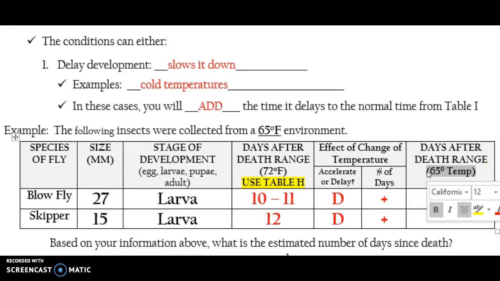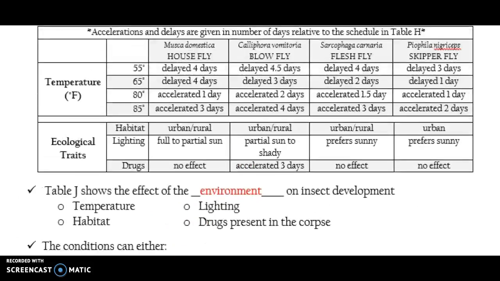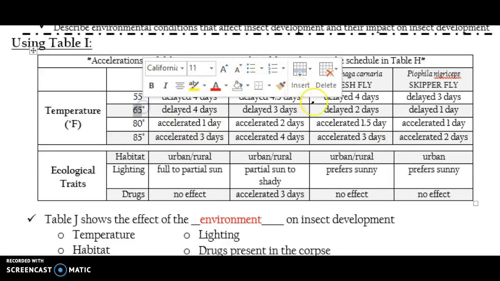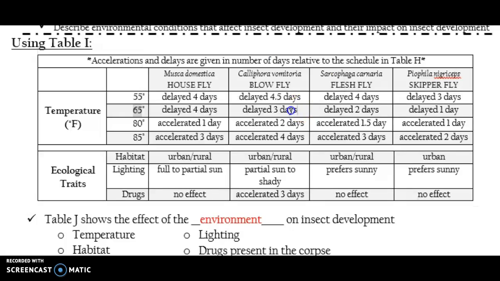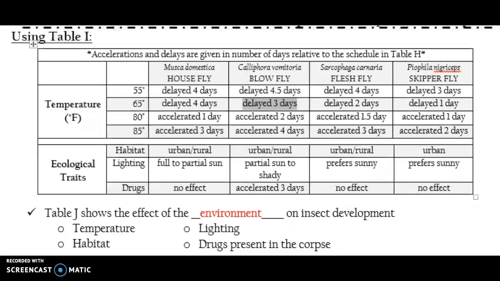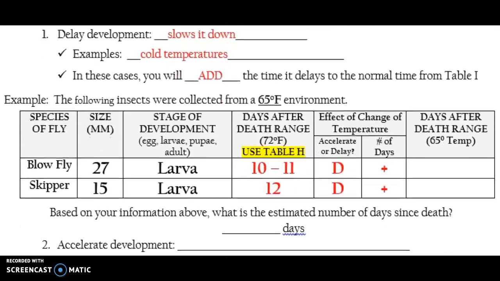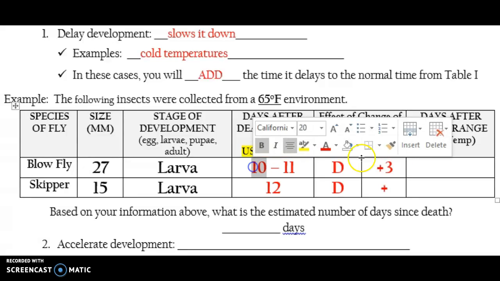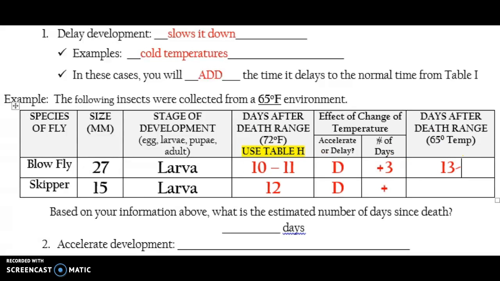Then I have to look up 65 degrees and the blowfly in table I. If I look up 65 degrees, which is the shaded row, and the blowfly, which is here, it's going to delay its development 3 days. So into this table, I put plus 3. I now add that plus 3 to both the starting number, so 10 plus 3 is 13, and also to the ending number, which is 11, so 11 plus 3 gives me 14 days.